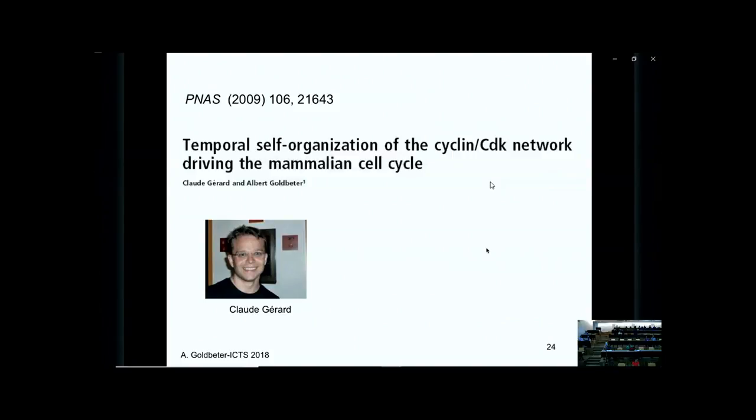So what Claude did was to build a model for the CDK network, and because of its complexity, it's necessary to represent it in a manner as clear as possible. And this is already a challenge in itself, because you all know this kind of picture that is sometimes shown in bioinformatics, where you have hundreds of intermediates, hundreds of arrows and links.